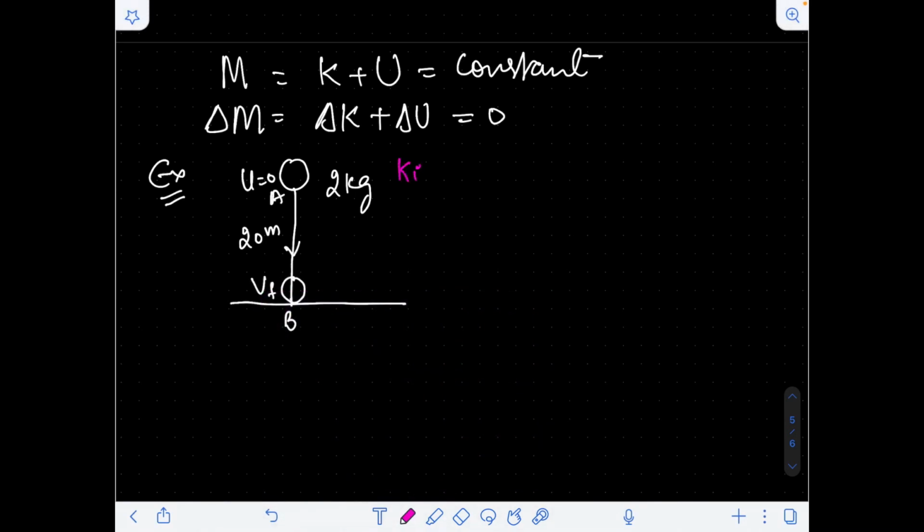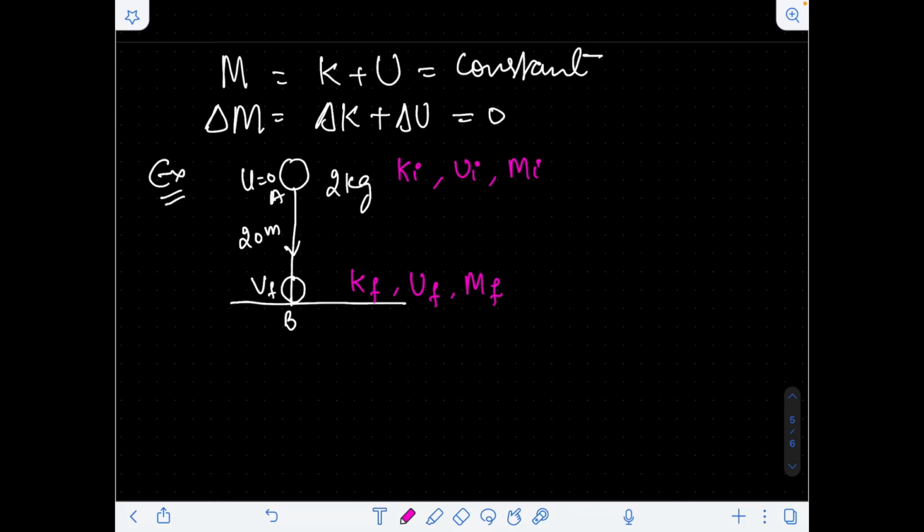So here K initial and potential initial, and so mechanical energy initial. We will find out these values, then we will find the final kinetic energy, final potential energy and final mechanical energy, and then we will verify the statement that the mechanical energy under conservative forces is constant or not.